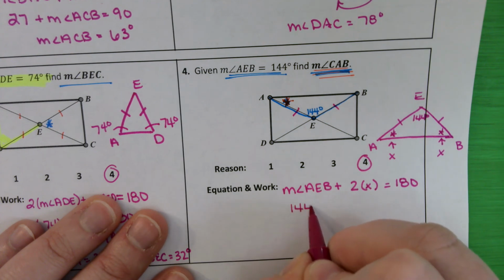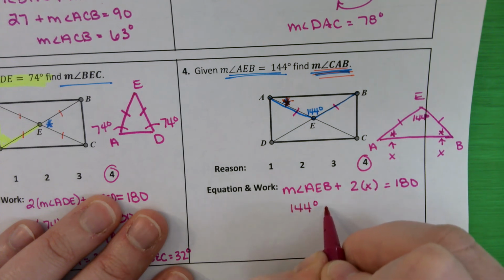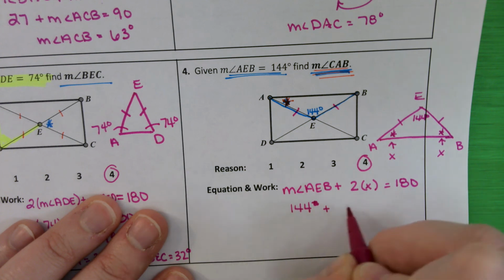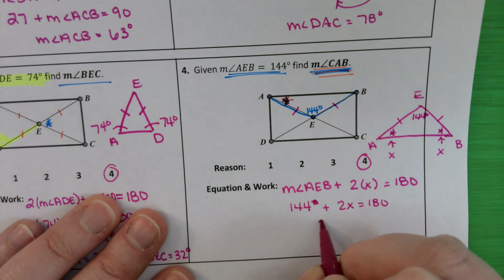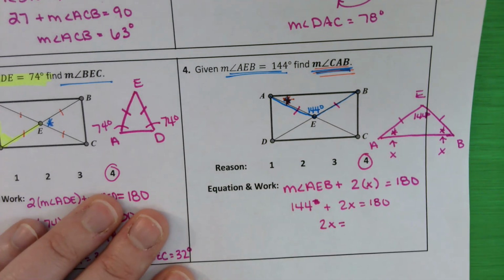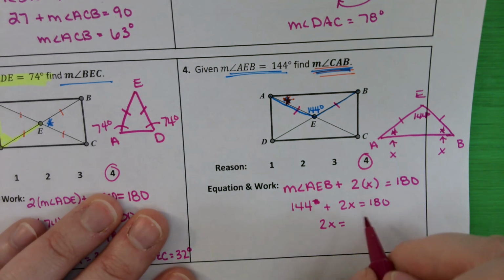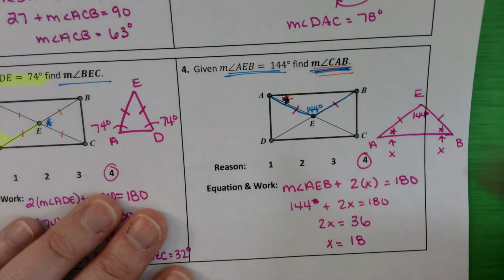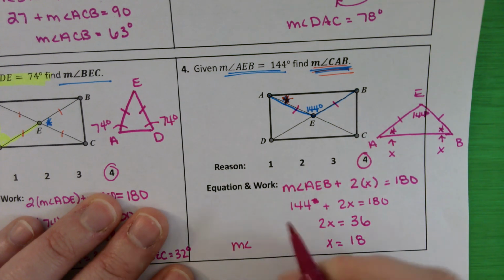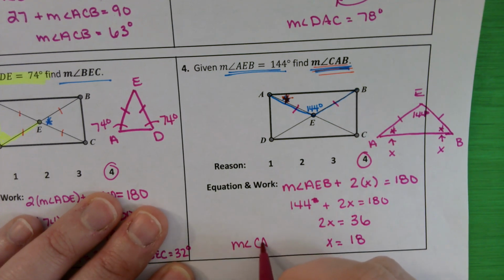This is 144 plus 2X equals 180. 2X equals 36. X equals 18. Find the measure of CAB. Well, CAB and X are the same thing, so the measure of angle CAB equals 18 degrees.